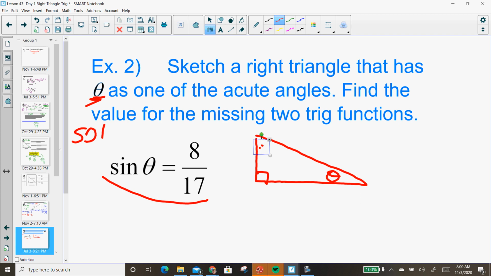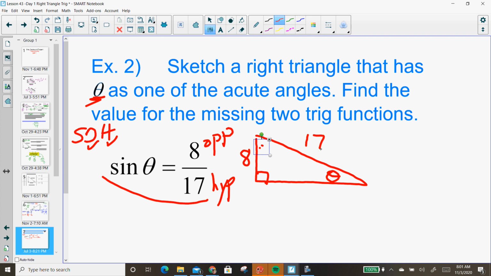And let's see, SOHCAHTOA said that sine had to be opposite over hypotenuse. So I am just going to put whatever that numerator is as how big the opposite side is and how big the hypotenuse is. So the denominator, I'm just going to label the 17 on there.